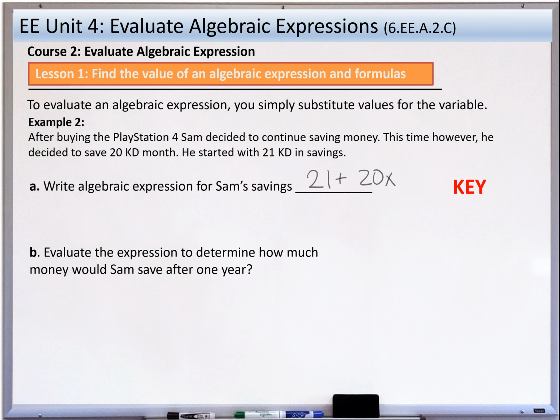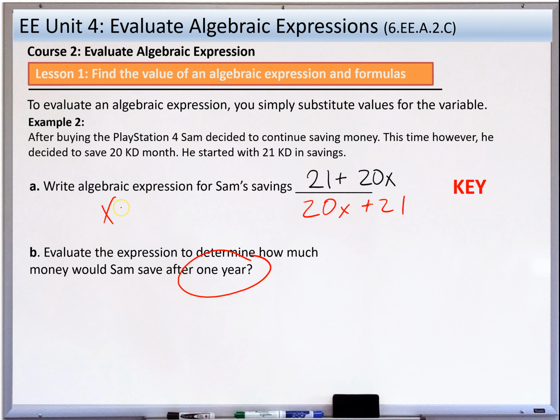All right, so the expression would be 21 plus 20x, or you could have used, what do we say, months? You could have used m, or you could have written it, you'll see a lot more often this way. Either way is fine, because remember, it doesn't matter what our order is when we're adding. So to evaluate the expression, we want to know how much he will save after a year.